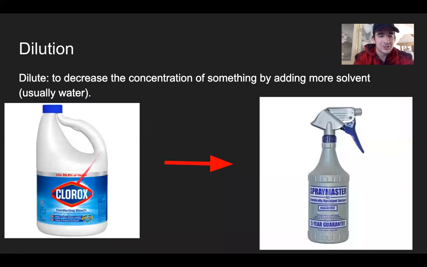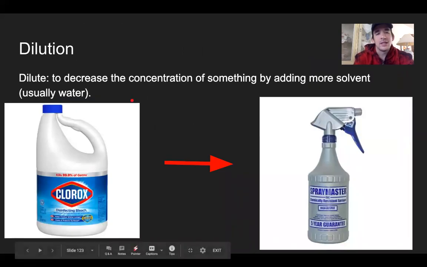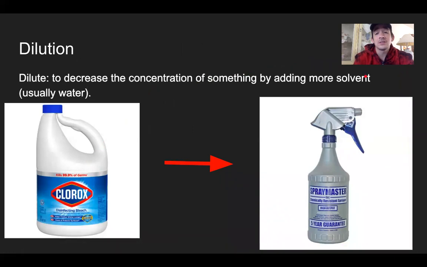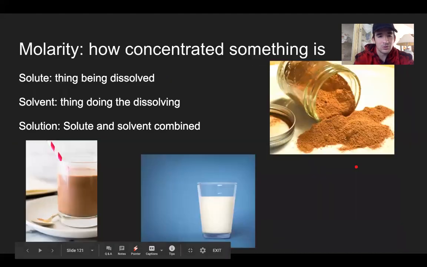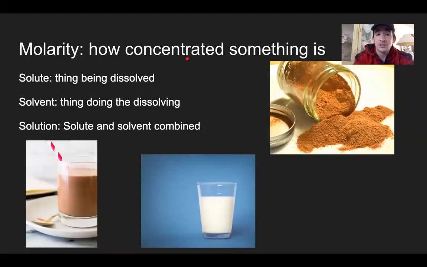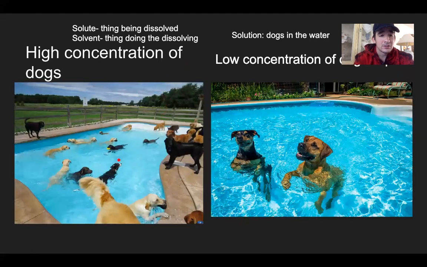So in this situation, the bleach is the solute, and we're increasing the solvent. We're going to add water to it to decrease the concentration. So we're going from highly concentrated bleach to low concentration of bleach over here. So we have a high molarity of bleach here, a low molarity of bleach over here. Remember, molarity is just how concentrated something is. So if I have a lot of dogs in this pool, there's a high molarity or high concentration of dogs.